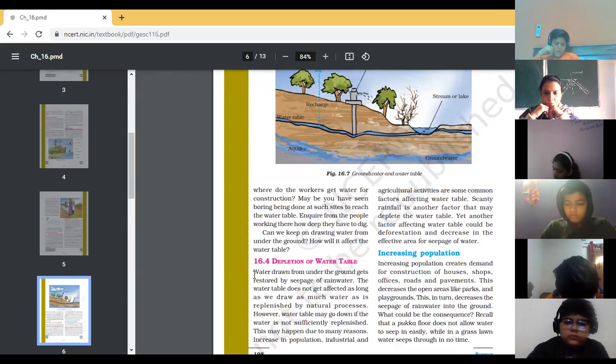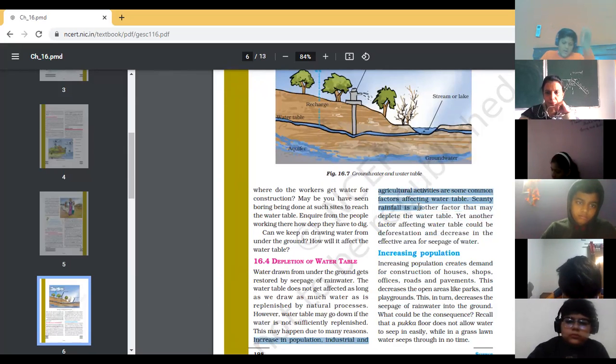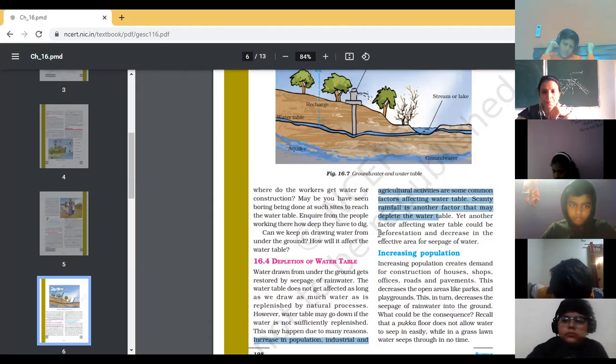This may happen due to many reasons: increase in population, industrial and agricultural activities are some common factors affecting the water table. Scanty rainfall is another factor that may deplete the water table. Yet another factor could be deforestation and decrease in the effective area of seepage of water.